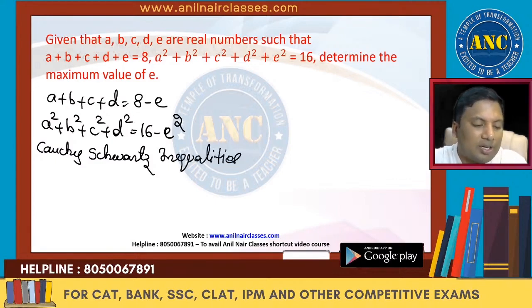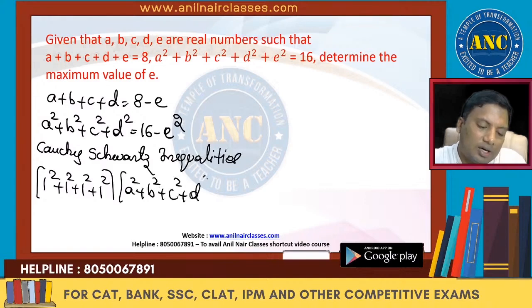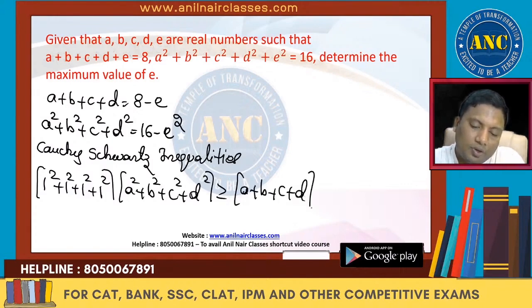All the coefficients of a, b, c, d are 1. 1 square plus 1 square plus 1 square plus 1 square into a square plus b square plus c square plus d square is greater than or equal to a plus b plus c plus d whole square.